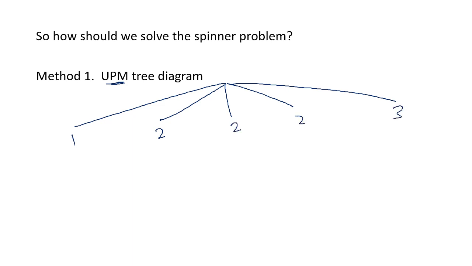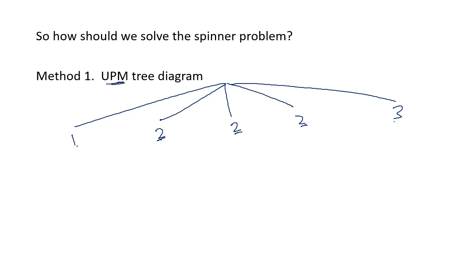So now you can see that we've written out 5 outcomes, and each of these has a probability of 1/5. Now, if I wanted to look at what's the probability of getting a 2, then I would add up the 1/5 here, the 1/5 here, and the 1/5 here to get 3/5, just like we saw in the previous slide.